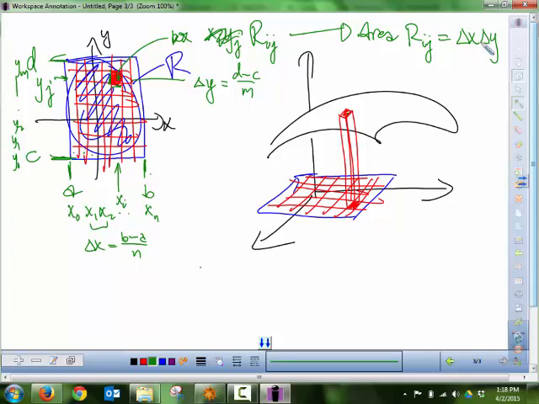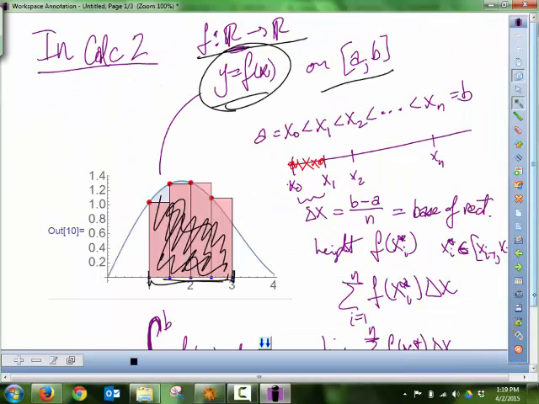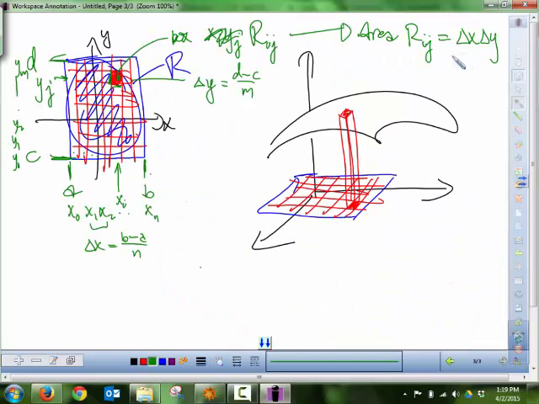Last time we had 1 delta. And I didn't make a big deal out of this last time, but when we come to the limit, delta x would become your differential operator dx. So with a delta x, delta y, that's probably going to become a pair of differentials, dx, dy.